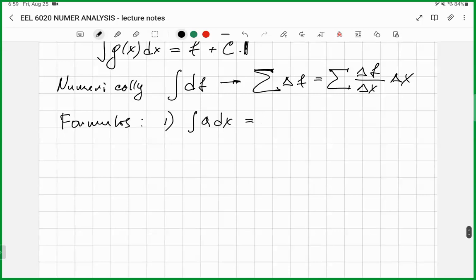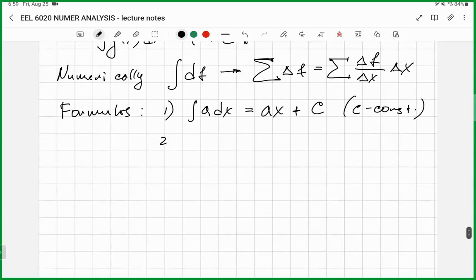So it's equal to ax plus constant c, the integration constant. Another formula is for the polynomial function, the integral of x to the power of n dx.